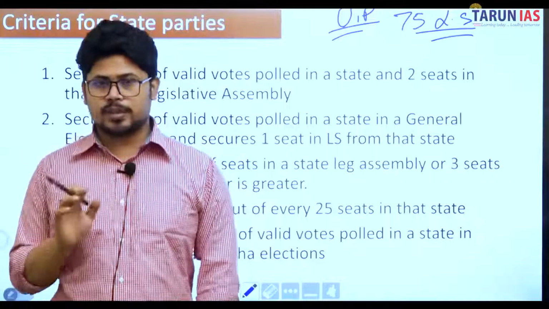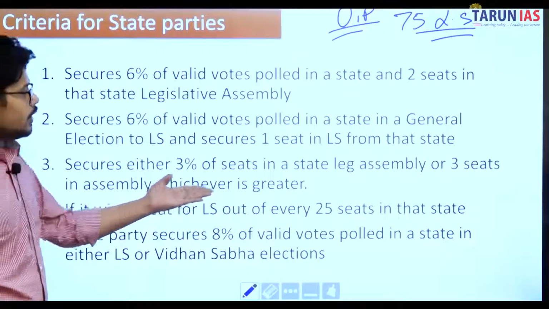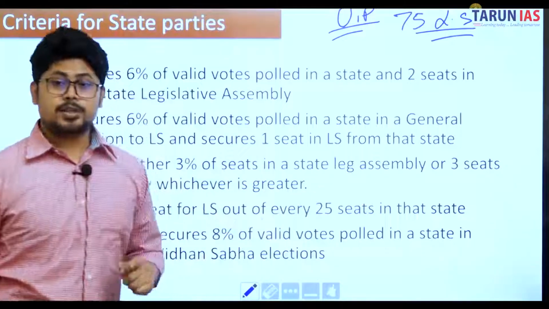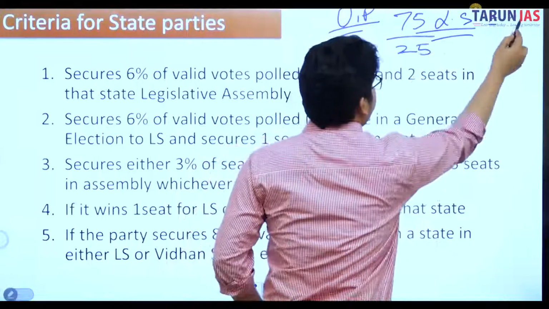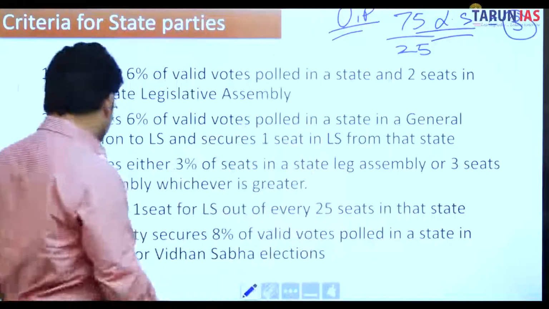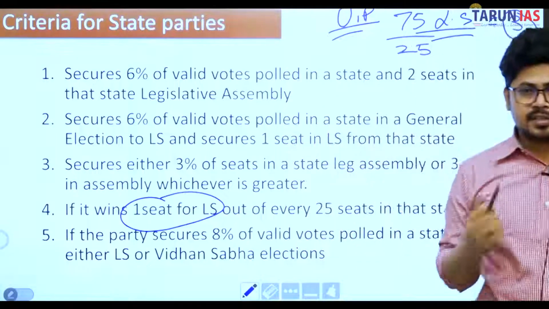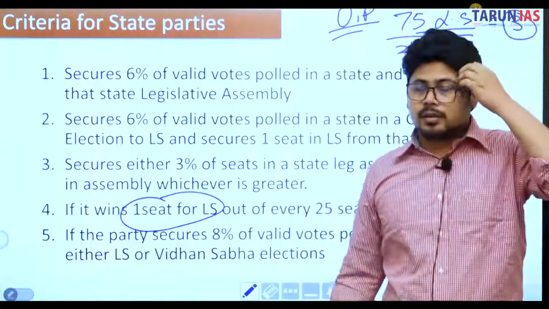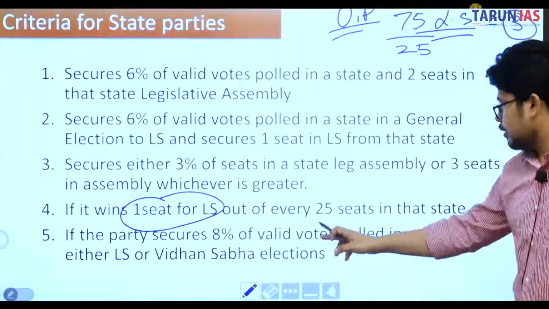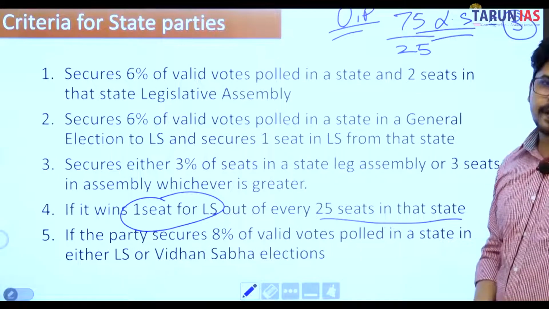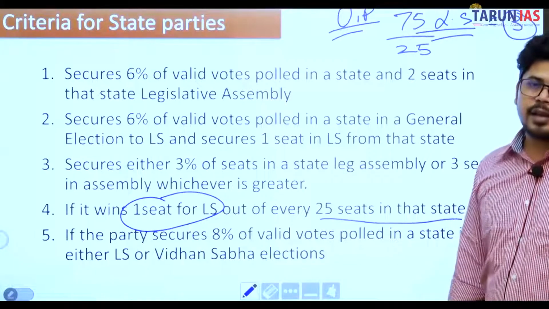And if a party wins one seat for each 25 seats, divide 75 by 25, is equal to 3. That means if a party wins 3 seats in UP in a Lok Sabha election, it can clearly become what? A state party.